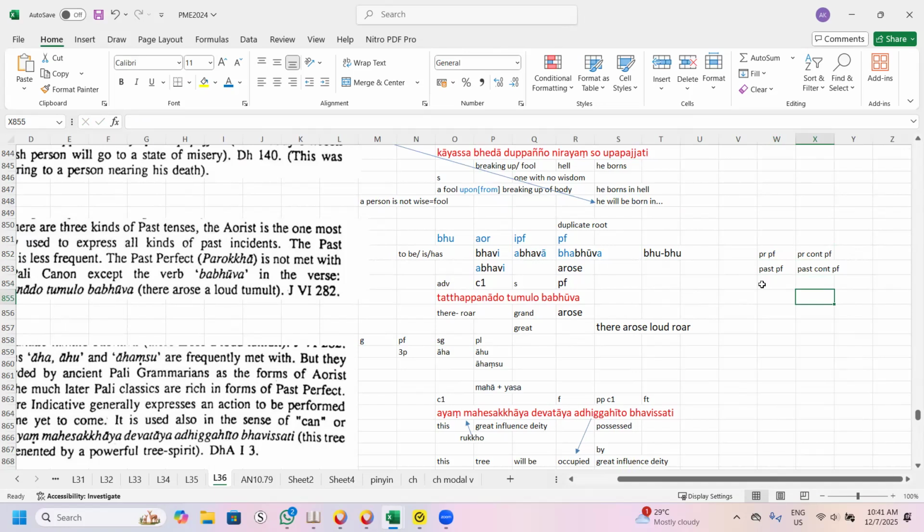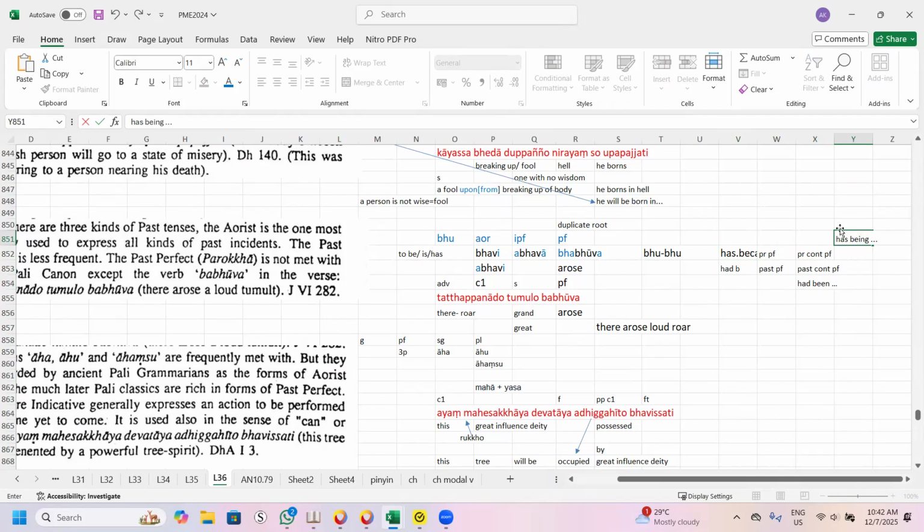Present perfect, you use has: it became. Past perfect, you have to use had. Had become. Continuous: past had been, had been plus whatever; present has been.